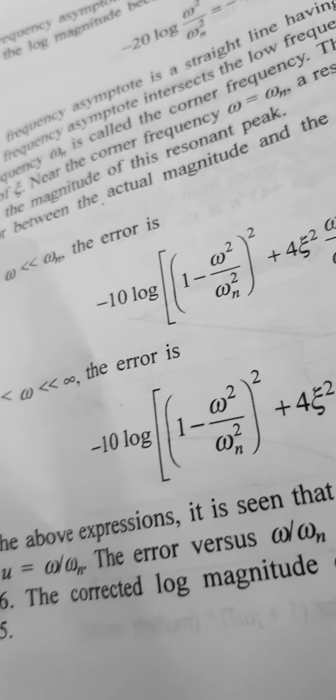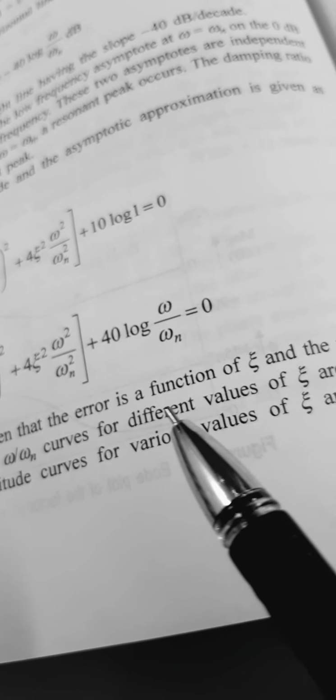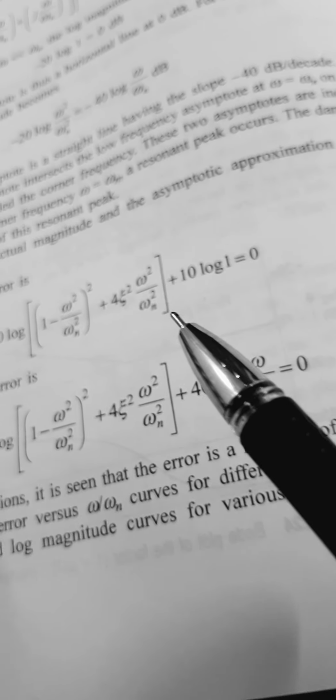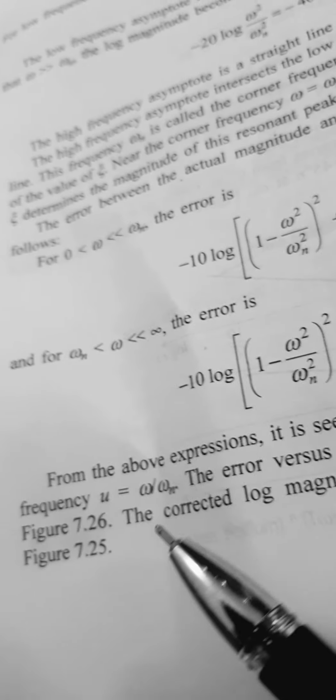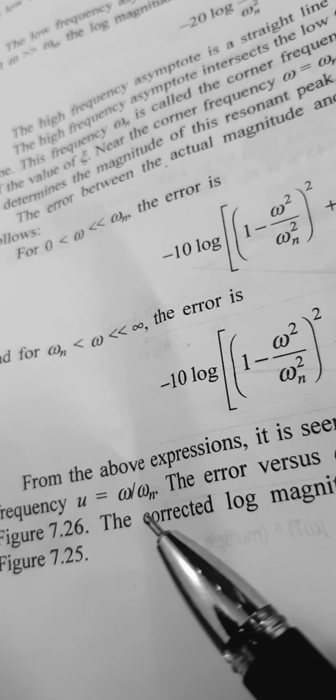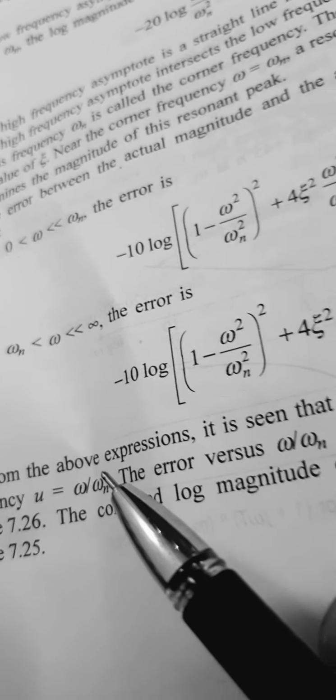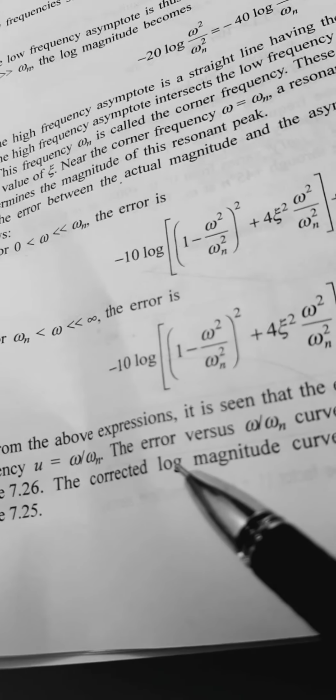Now from the above expression it is seen that error is a function of xi and the normalized frequency u, where u is omega by omega n.